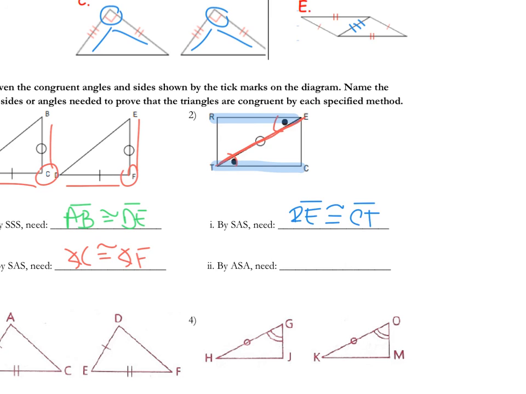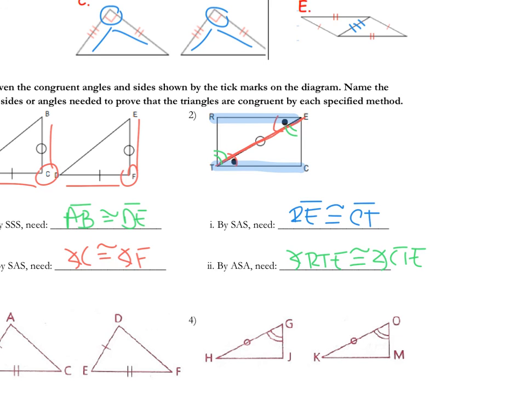And then if I want angle, side, angle, okay, I have the angle that's in red. I have the side that's in red also. And then I need the other angle making that side included because S is in the middle. So that would be this angle. So we would say angle RTE needs to be congruent to CTE, because then it allows the side to be in the middle of the two angles.